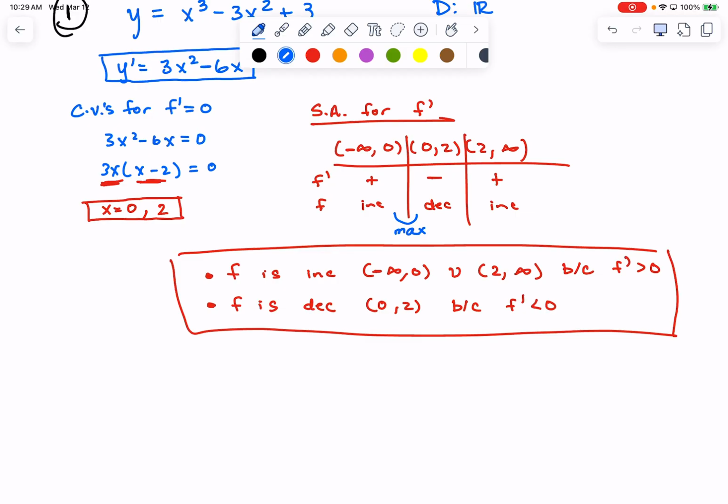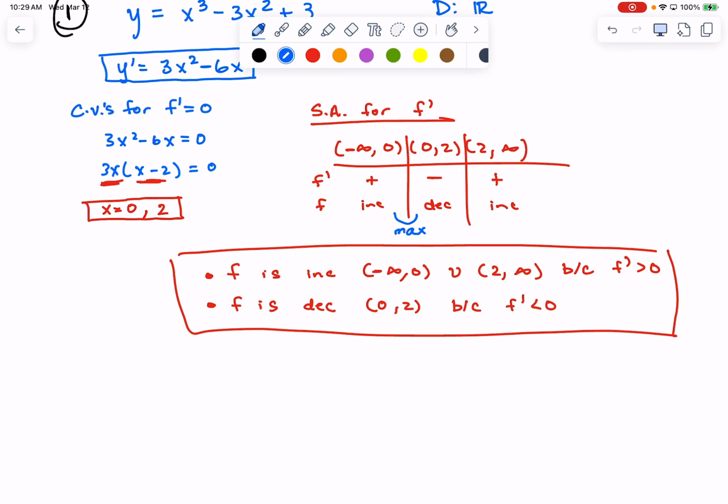If your first derivative is going from positive to negative, where the first derivative is positive is where the original function's what? Look at me. It's going what? And then where the first derivative is negative is where the original function is what? Which means that point, that critical value, has to be a what? A max. And we knew it was a peak or a valley because it's where the first derivative equaled 0. So it's a horizontal tangent there.